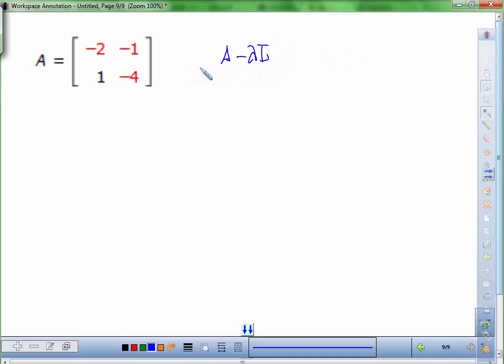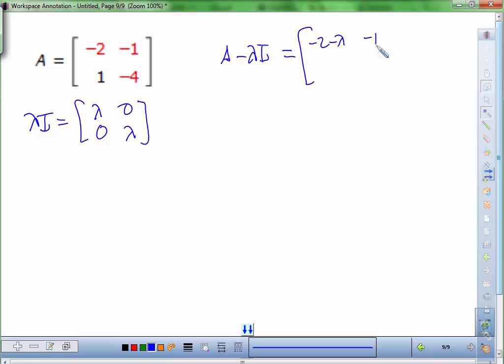And remember that lambda I is lambda on the diagonal, so maybe I'll put it down here. Lambda I is equal to lambda, 0, 0, and lambda. So that when I subtract component by component, I get negative 2 minus lambda, negative 1 minus 0, 1 minus 0, and negative 4 minus lambda.